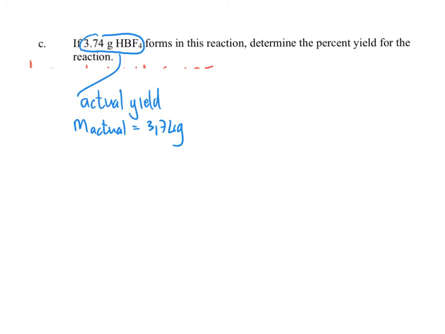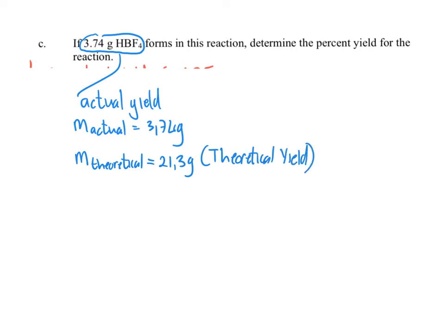and carrying over from the previous calculation that the theoretical yield of the HbF4 was 21,3 grams. So this is the theoretical yield. Then we can work out the percentage yield.